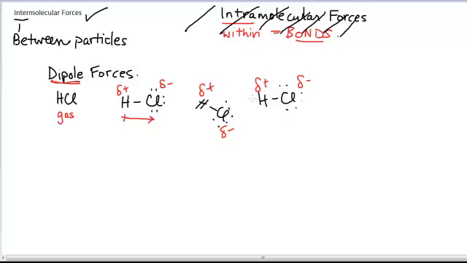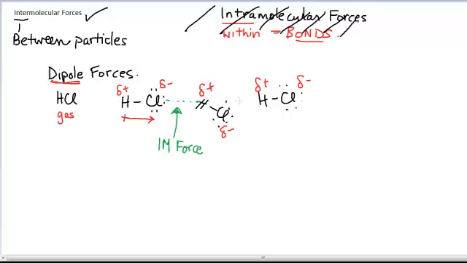And so what we see in this container of HCl is an attraction between the partial negative side of one molecule to the partial positive side of a separate molecule. In green, we see our intermolecular force, our IM force. This is our intermolecular force.